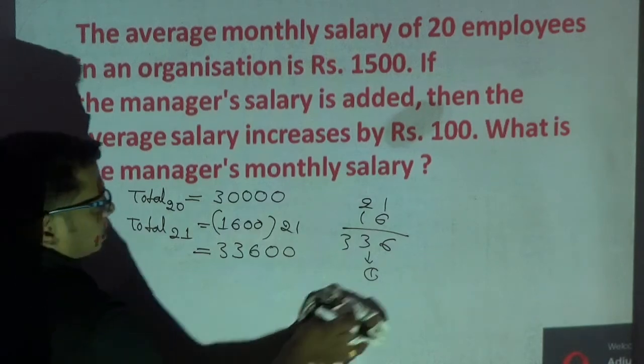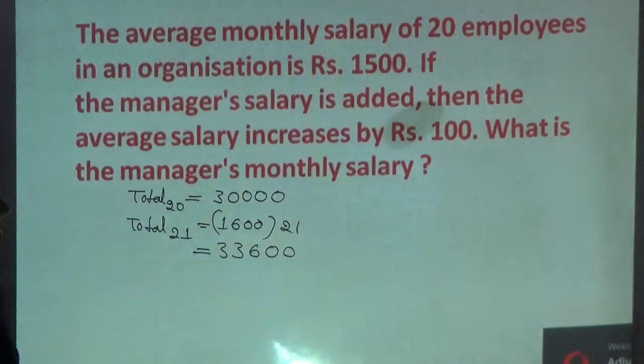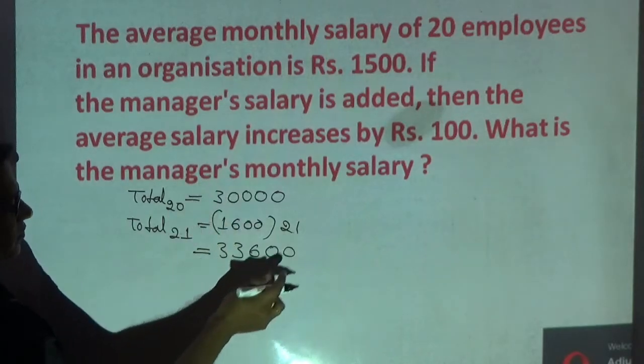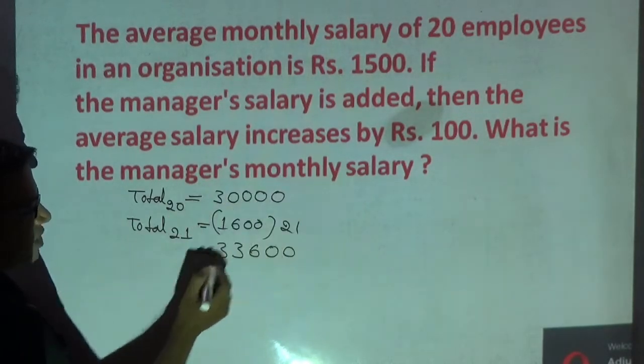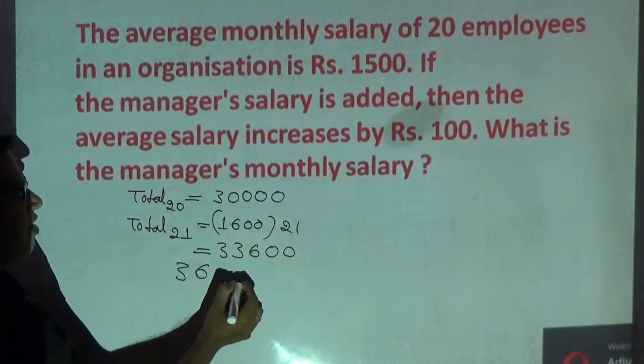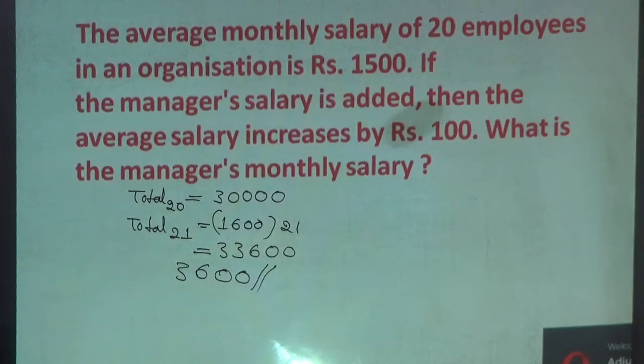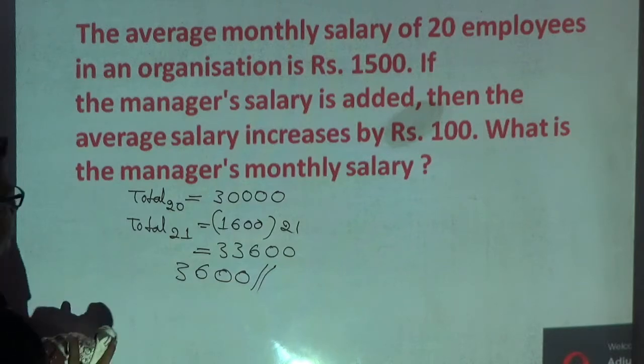Now if I subtract, I will get the salary of the manager. So the difference of these two is 3,600. In this way also you can find the answer. So the answer is 3,600. I will go for the next question now.